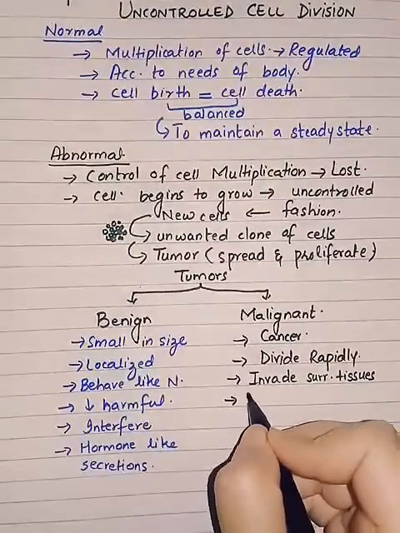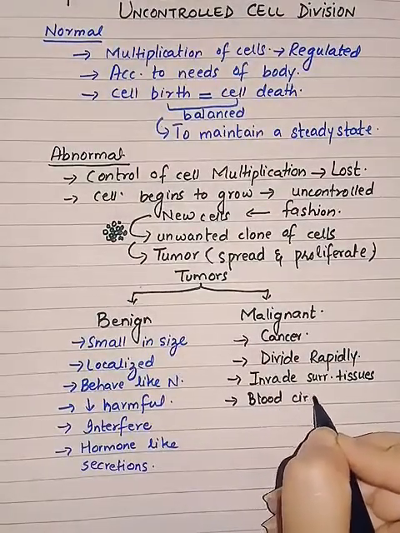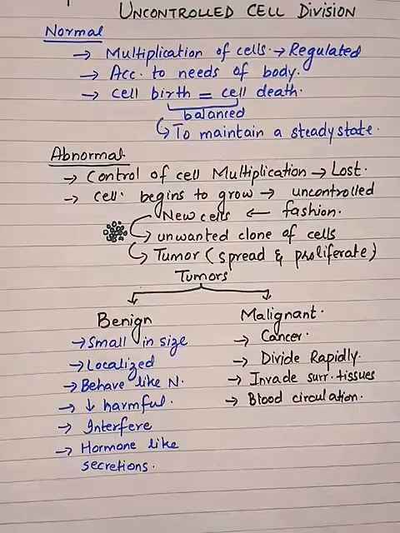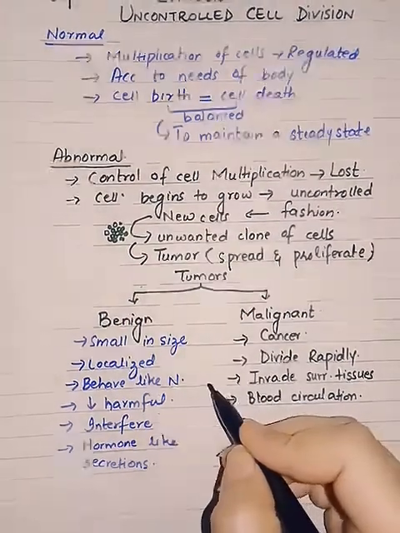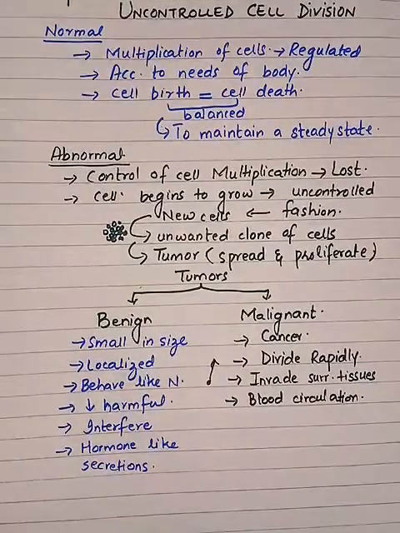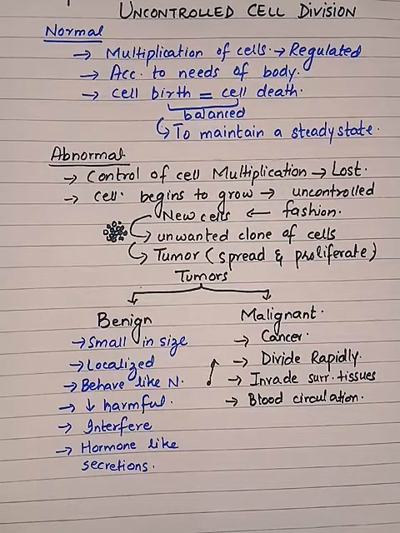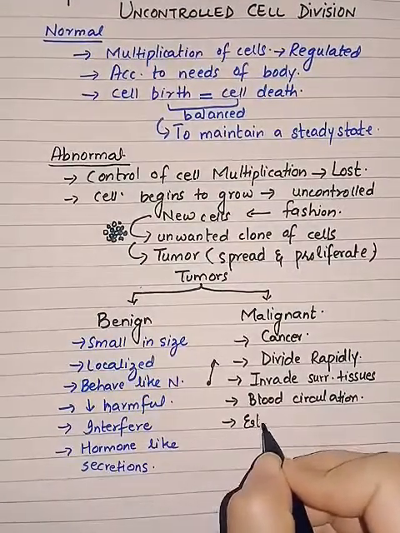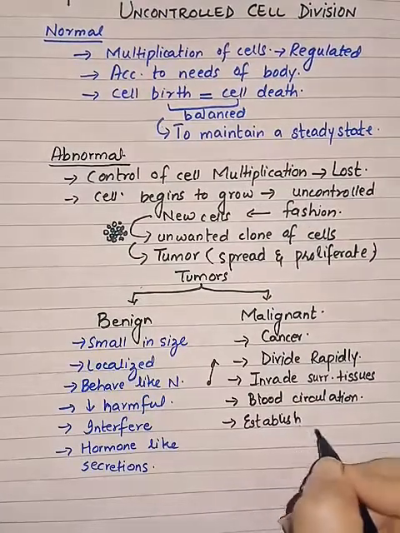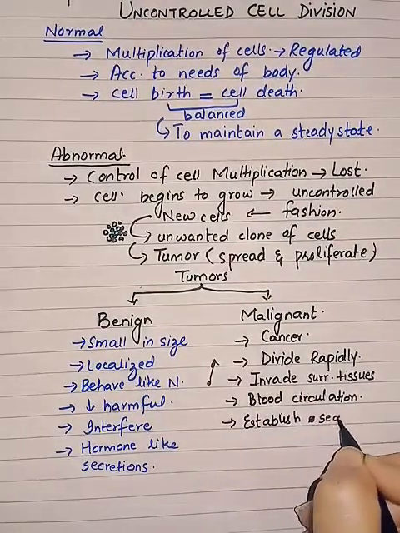They also enter the blood circulation, and with the help of blood they move to other areas. They set up areas of proliferation away from their site of original appearance, which means with the help of blood they can move from their site of appearance to other parts of the body. When they move to other sites, they establish secondary areas of growth.